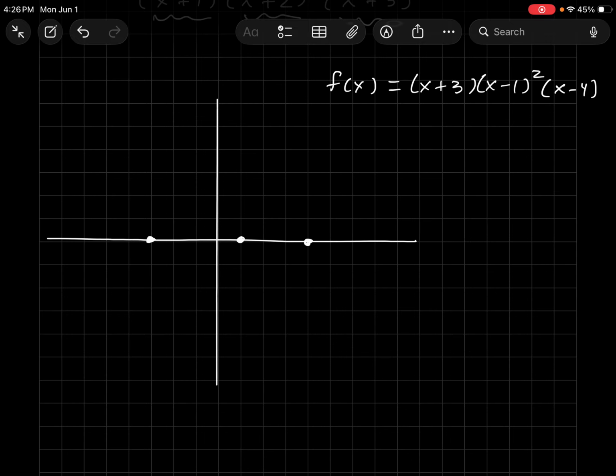Now, what degree polynomial do we have? So the degree of the polynomial is the highest power of the polynomial. So what is the highest power of my polynomial f of x?